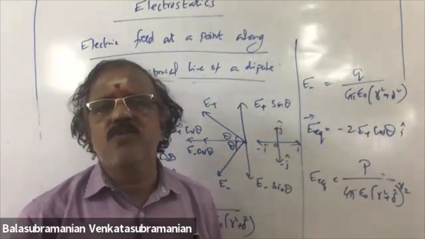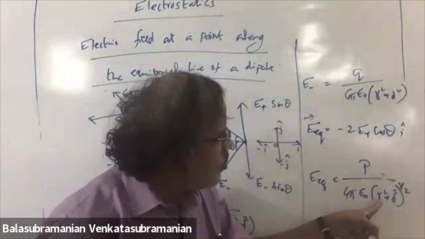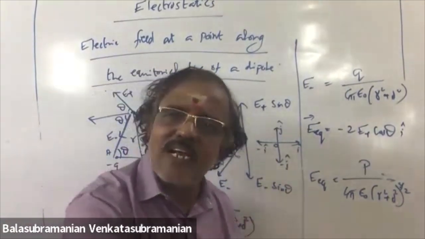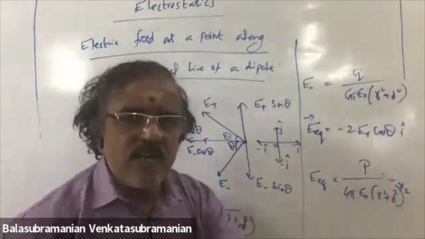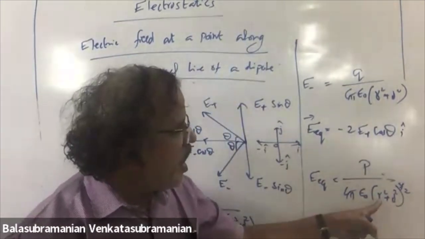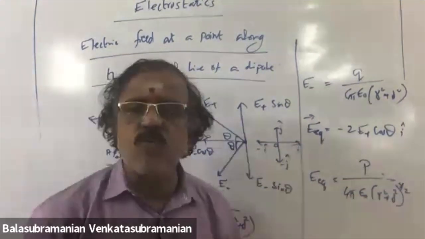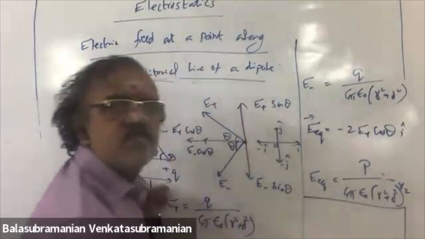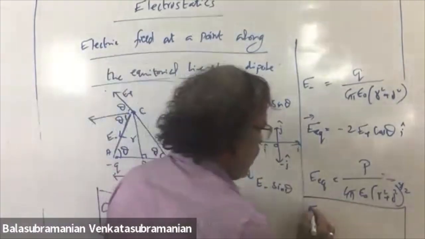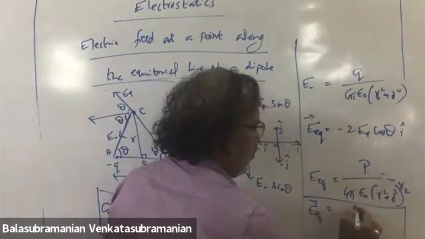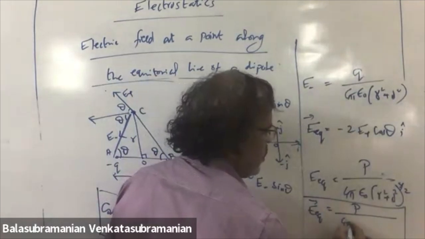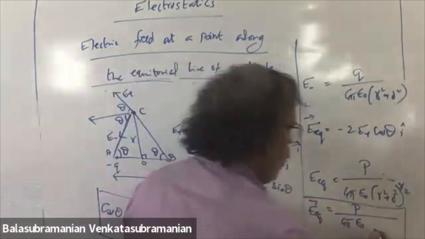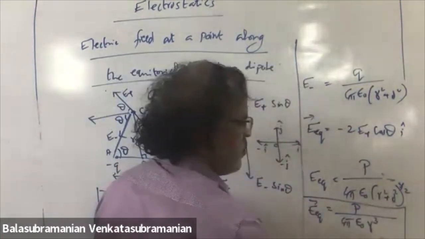As usual, what you have to do? Compared to R, D is very small. So D square term is neglected. D square you neglect, means what is remaining? R square power 3 by 2. R square power 3 by 2 is R cube. So on the equatorial line, the value of electric field is P by 4 pi epsilon naught R cube.